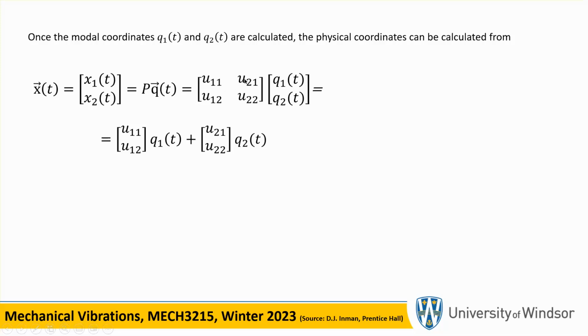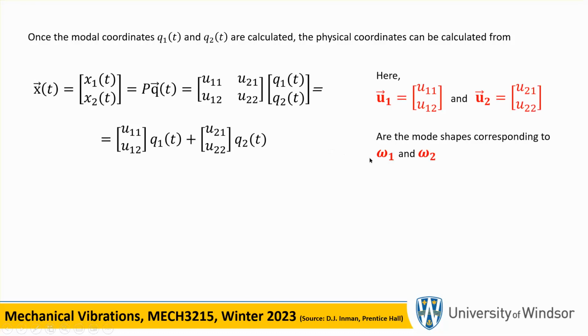You put it in the columns of the P matrix, and there is your modal matrix. And if you look at this in a slightly different way, although there's nothing wrong with it, if you view this as that column times Q1 plus that column times Q2, and you multiply these out, you get exactly what you have up there.